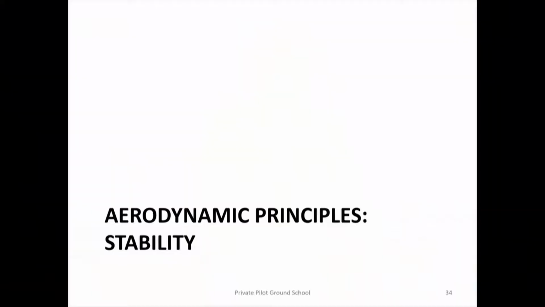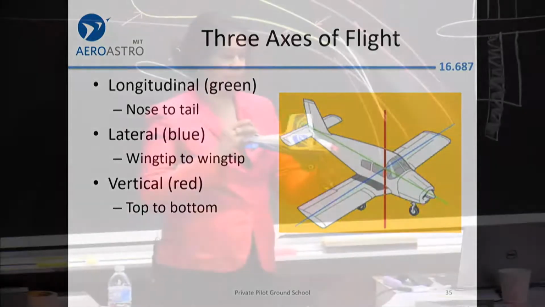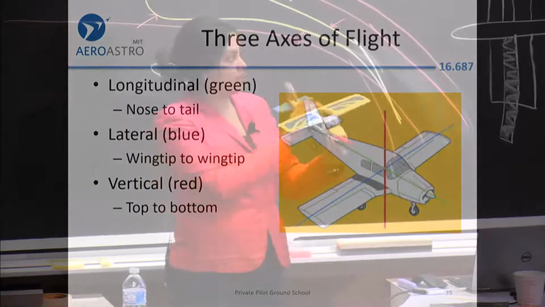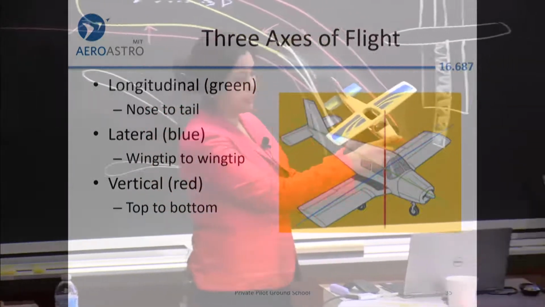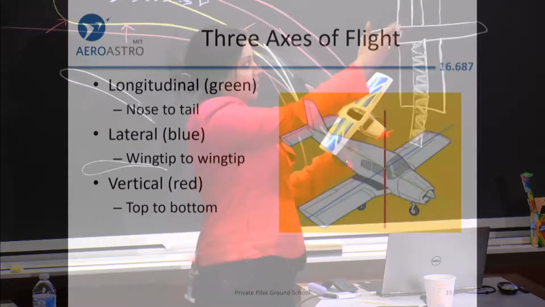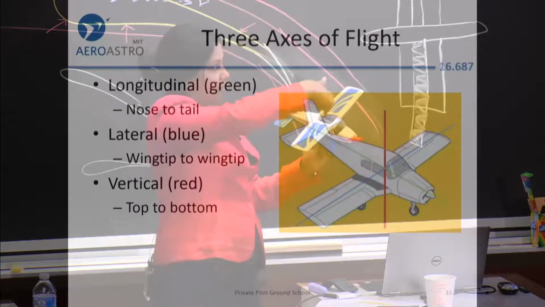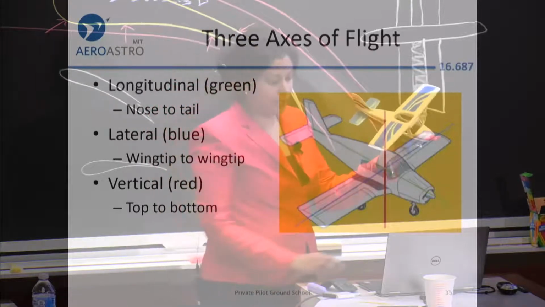Okay, so let's talk a little bit about stability, and we'll start by talking about the three axes of flight. There is a longitudinal axis, which is from the nose to the tail of your airplane. Then there's a lateral axis, which is from wingtip to wingtip, and then the vertical axis, going straight through the plane.